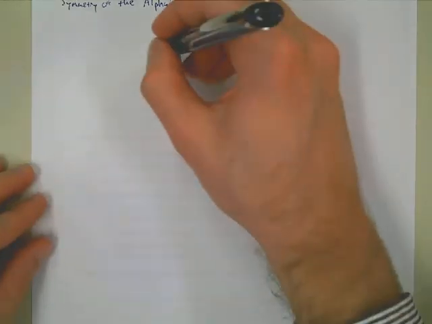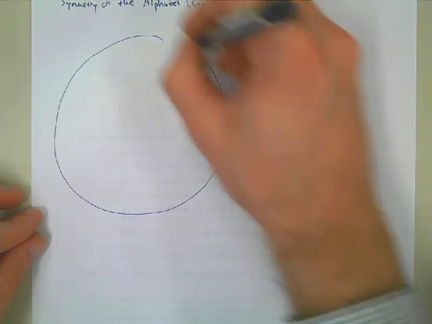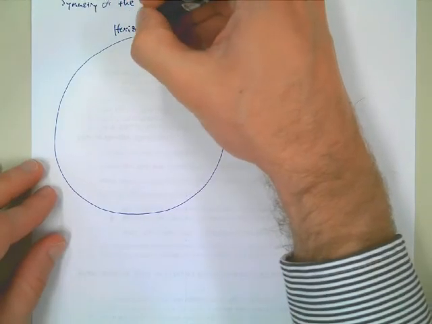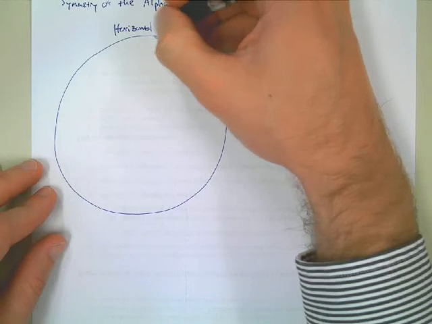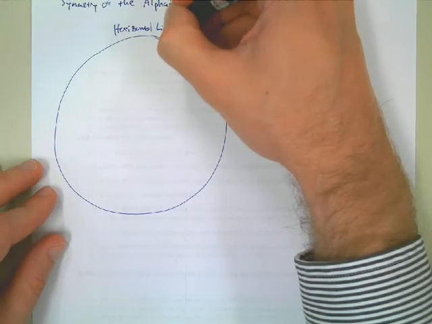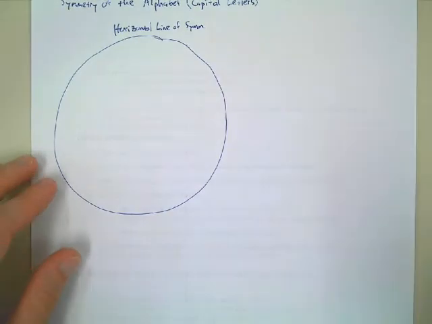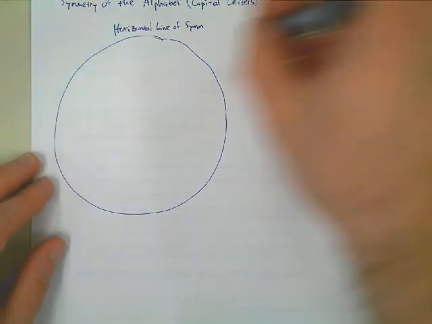We're going to draw one circle, and that circle will be for a horizontal line of symmetry. And then we're going to do another big circle over here, and this is going to be vertical line of symmetry.